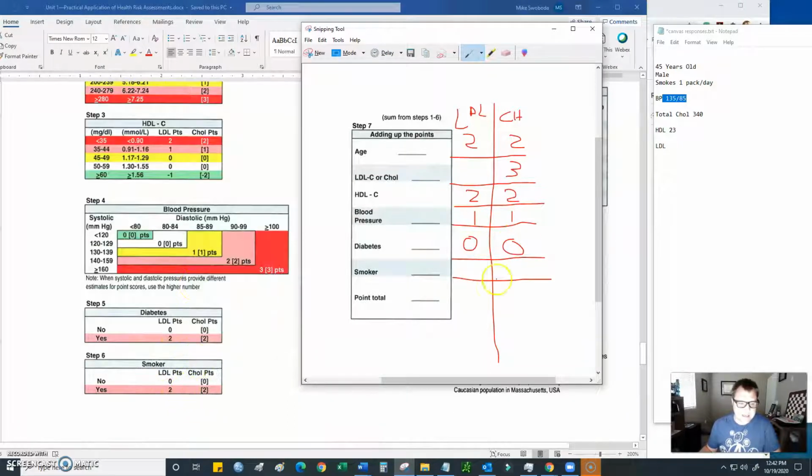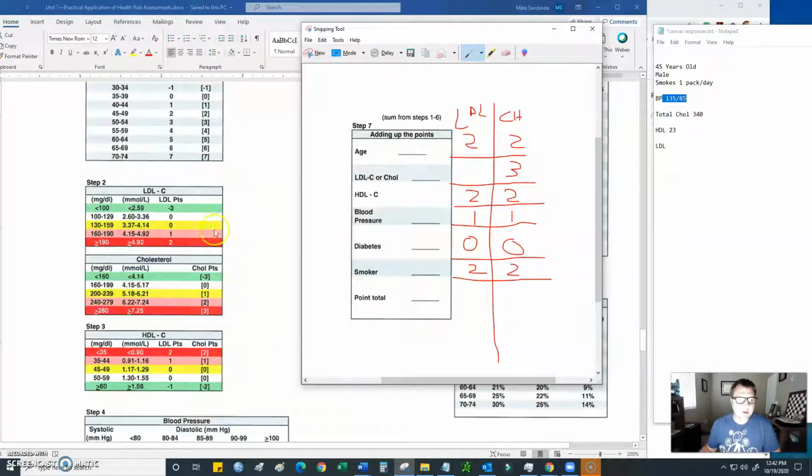He is a smoker, so he gets 2 points there. Then how we calculate his LDL cholesterol is you take his total minus his HDL, and that will equal LDL. So 340 minus 23 is 317. At 317 for his LDL, that is above 190, so he gets 2 points there.